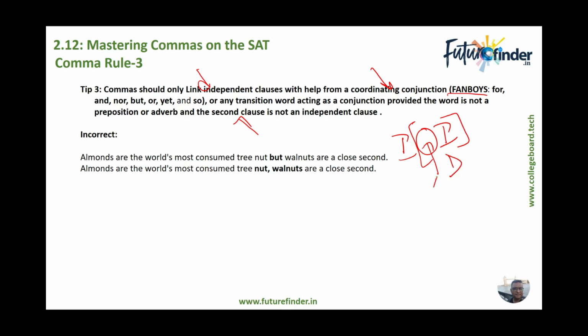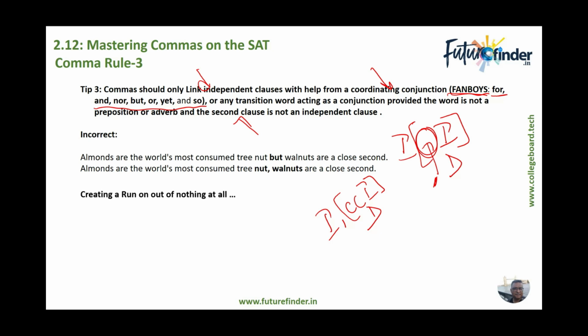So it becomes an I comma D relationship. So anywhere we find these fanboy conjunctions or coordinating conjunctions, they should be preceded by a comma. So it should be I comma the coordinating conjunction and another I. This part becomes the dependent clause.